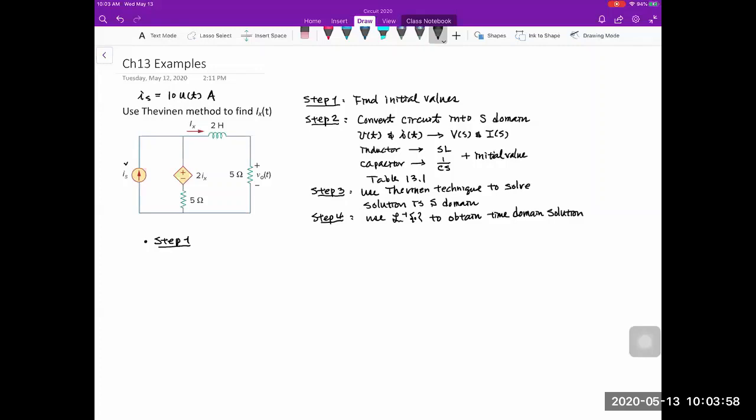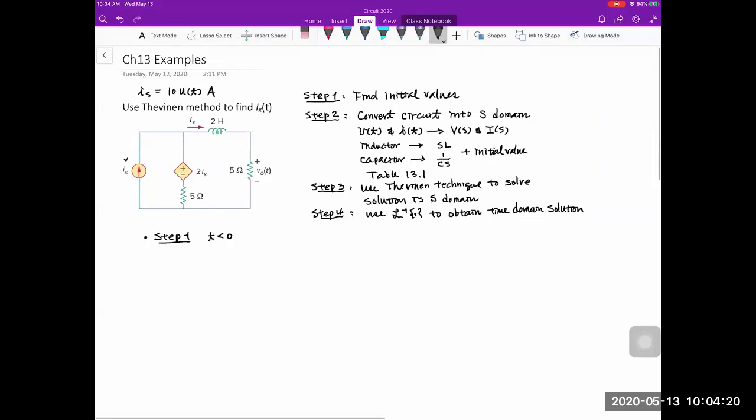So what is the initial value for the circuit? When time is less than 0, what is the value of the current across this inductor? Well, because there's no source at all when time is less than 0, it's going to be 0.